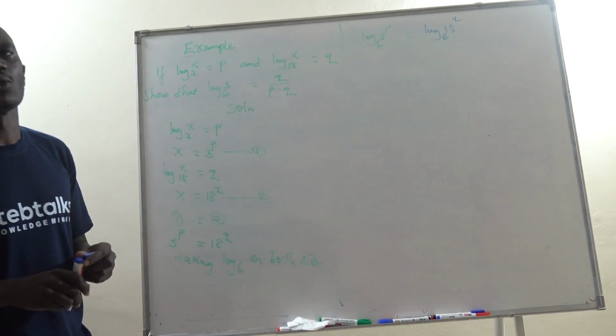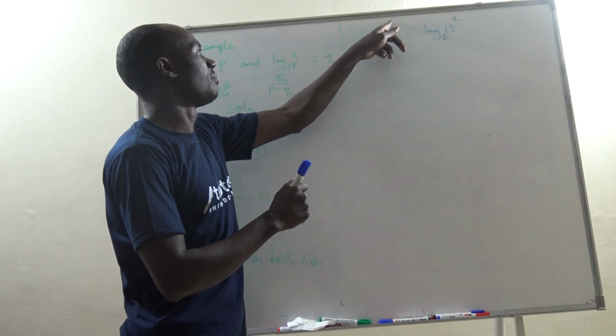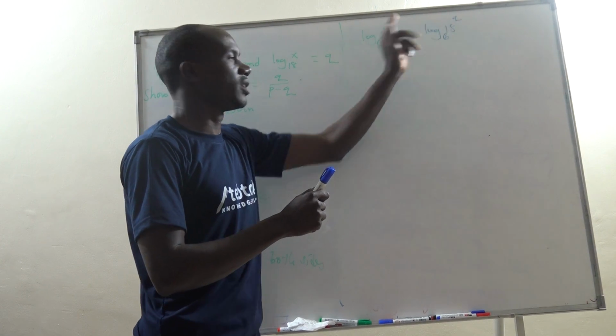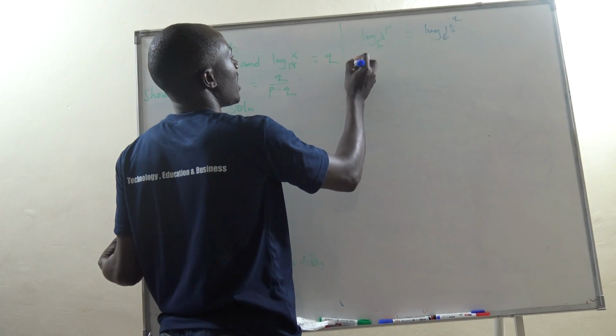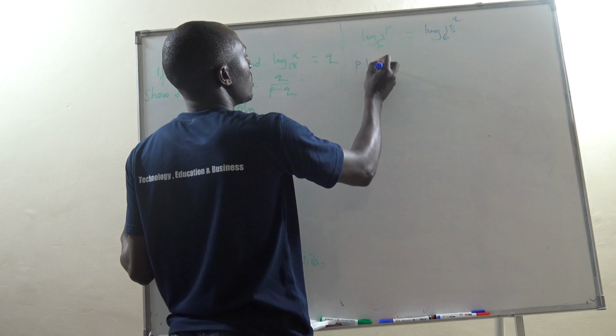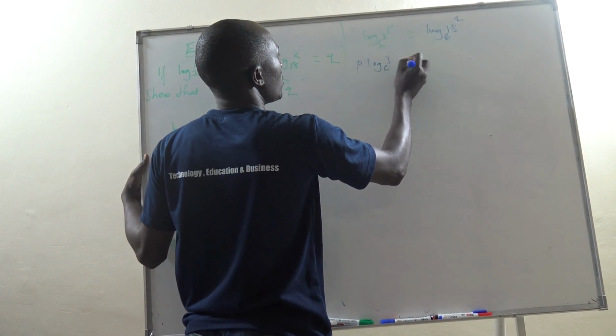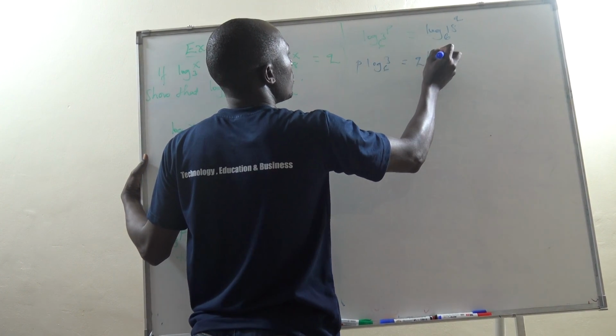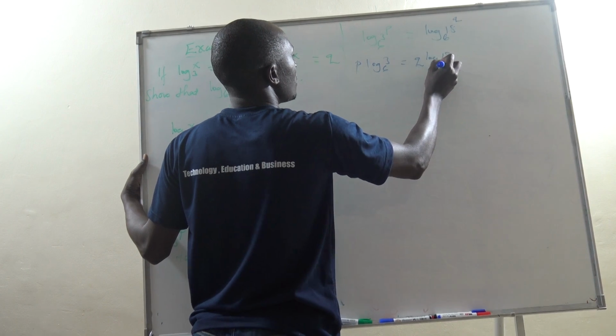From our rules of logarithm, the power is dropped down. So it becomes p log of 3 base 6 equals q log of 18 base 6.